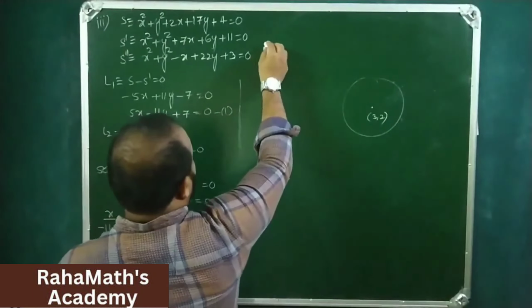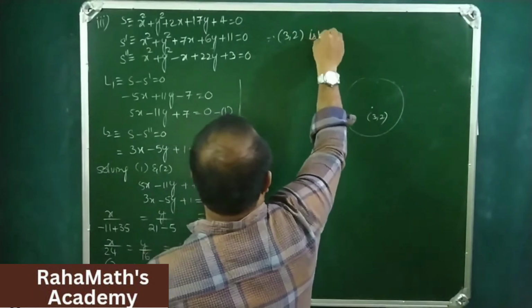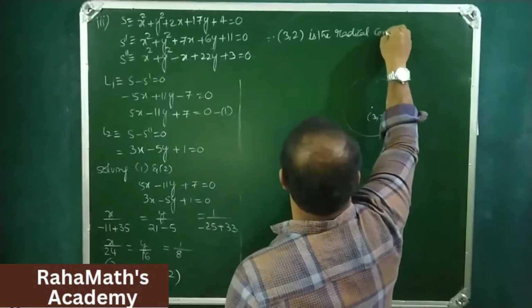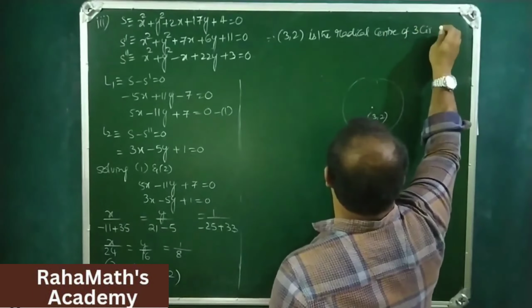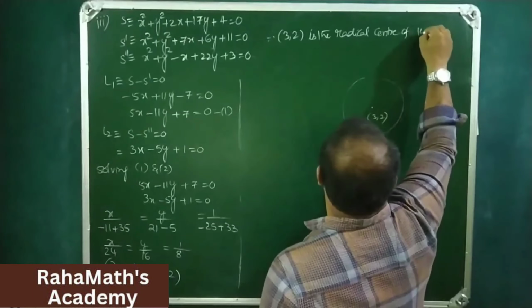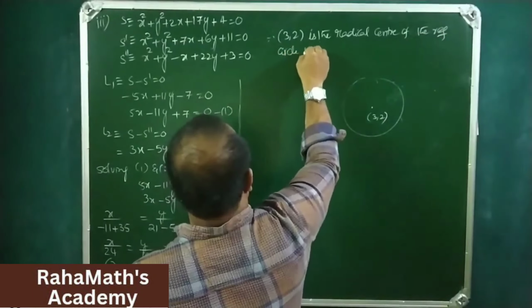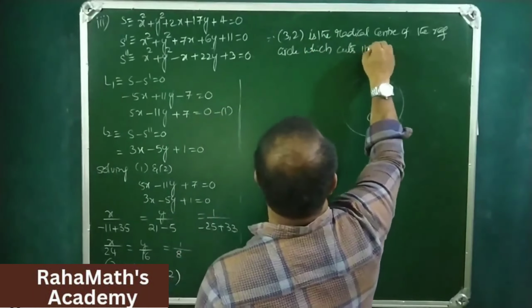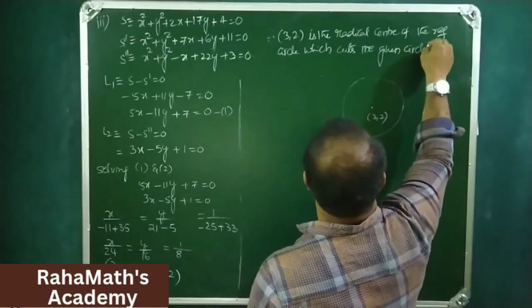Therefore, (3, 2) is the radical center of the three circles, the radical center of the required circle which cuts the given circles orthogonally.